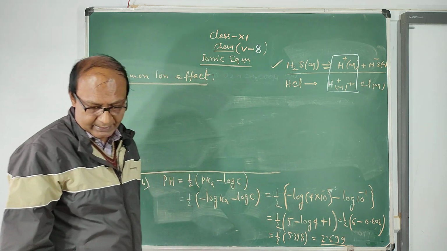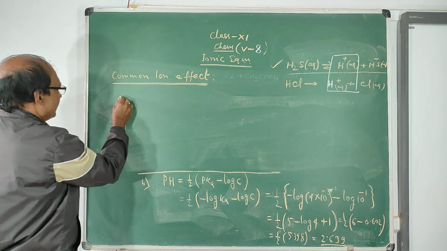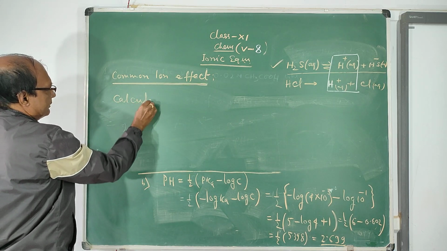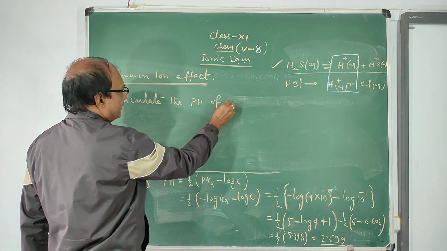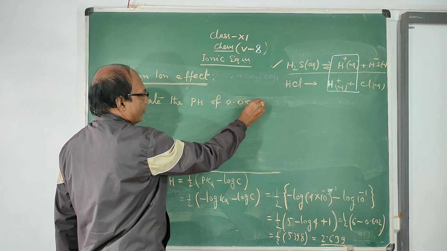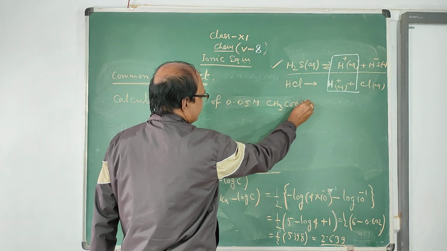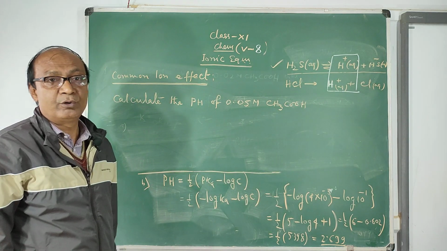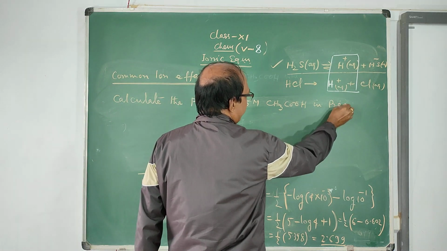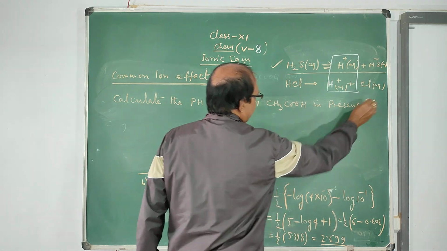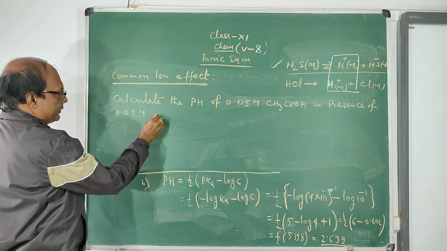Now let us take an example to see the common ion effect. Calculate the pH of 0.05 molar acetic acid, CH3COOH, in presence of 0.05 molar sodium acetate.